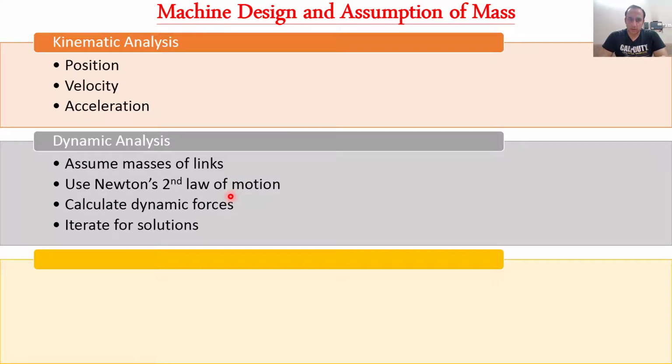So if we have the material selected, if we assume the mass, and if we have the acceleration, what we will get is a dynamic force. And with the help of the value of the dynamic force, we can calculate how much the parts will be deflected when that dynamic force is generated inside the system. And then we need to compare that deflection with the yield strength of the material. Okay, and we also need to look at the other forces which will be generated due to those deflections.